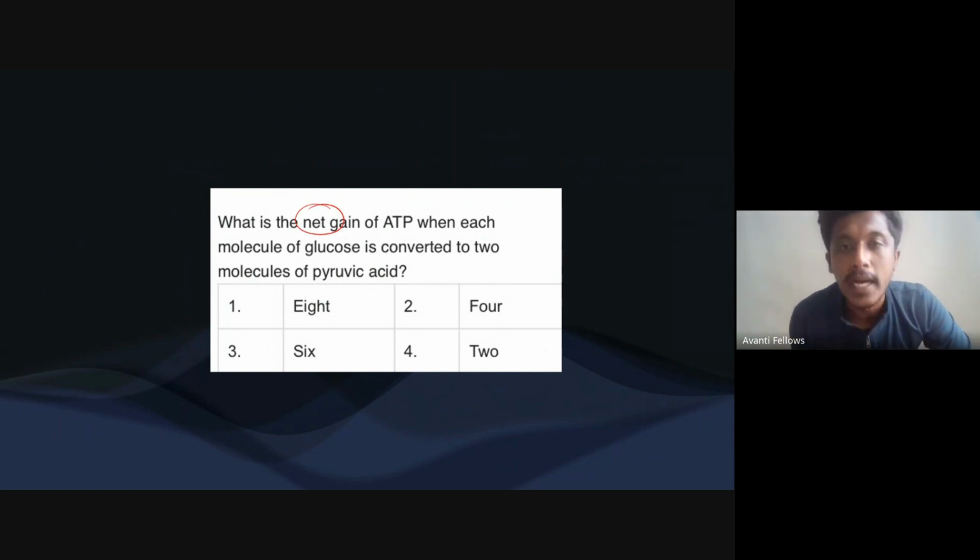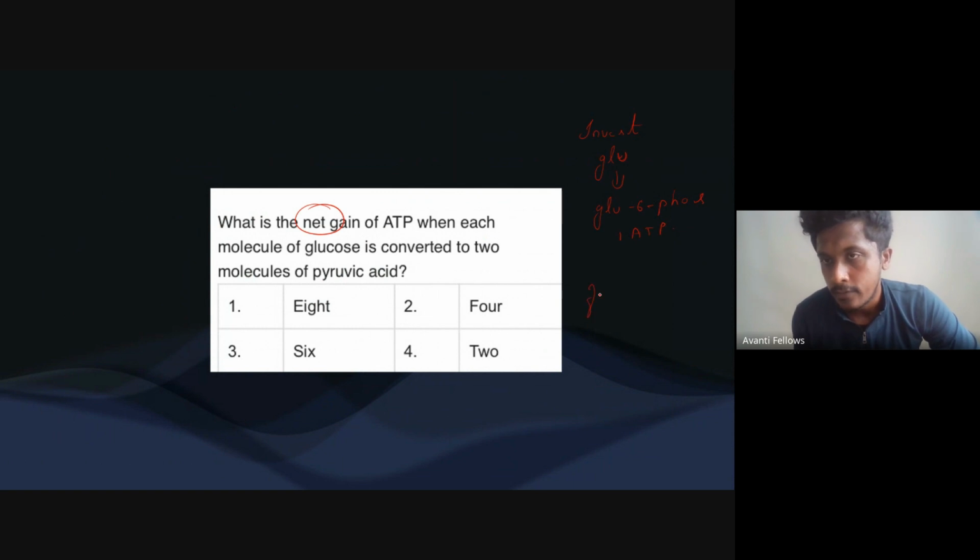What's the difference between net gain and gross gain? Investment. When I invest something, I know that while converting glucose into glucose 6 phosphate, I use 1 ATP.